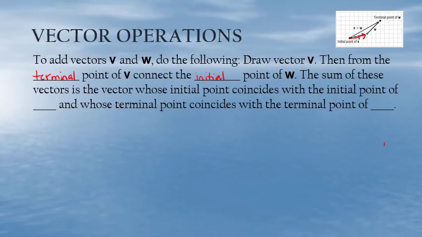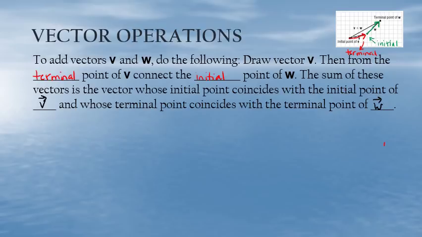Vector w connects to vector v, and we can see that vector w begins with that initial point and is connected to vector v with its terminal point. The sum of these vectors is the vector whose initial point coincides with the initial point of v and whose terminal point coincides with the terminal point of w.